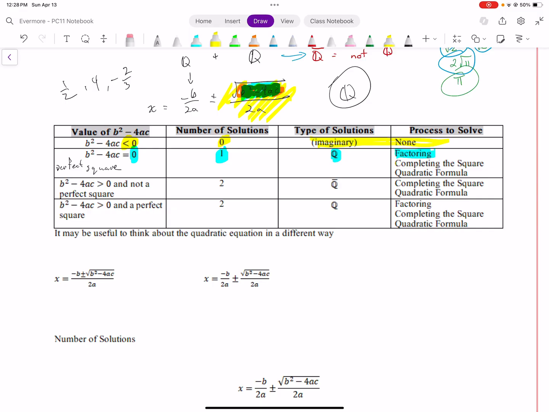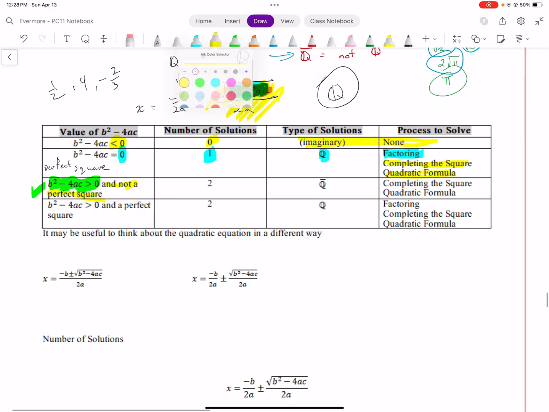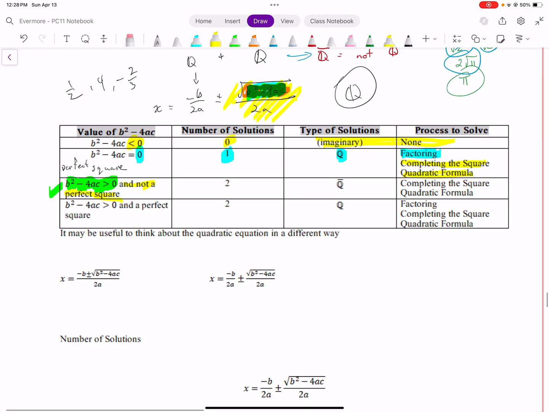You can always complete the square on any equation, never fun, or you could always use the quadratic formula. If your discriminant is greater than 0, that is, if it's positive and not a perfect square, you're going to have two solutions. And your solutions are going to be irrational.